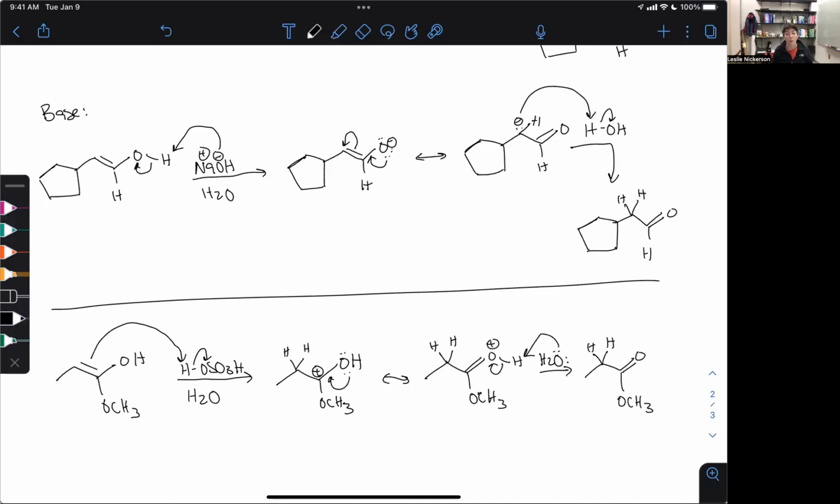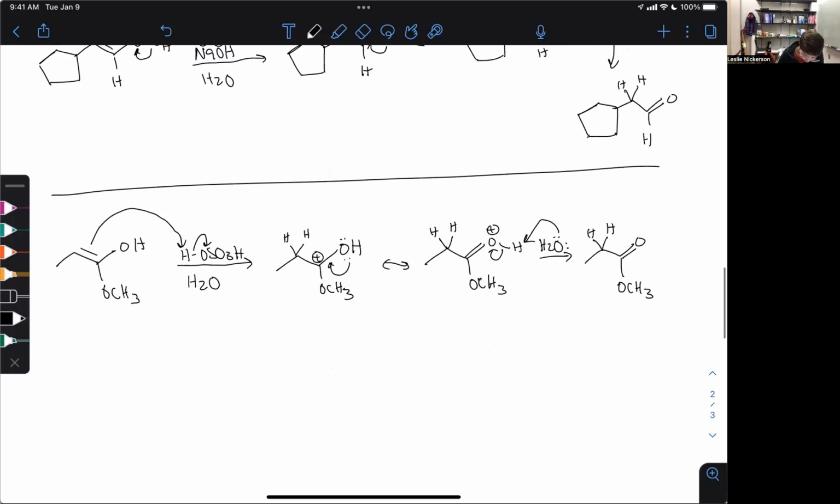Okay, so whenever you're looking at an enol or something that looks like an enol, really think about the fact that all the carbon connectivity is going to stay exactly the same. Okay, the only atoms that are moving around are the H's.